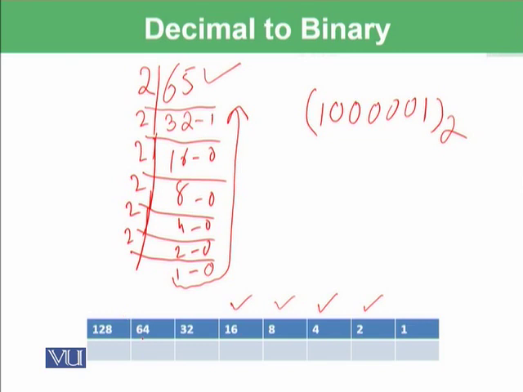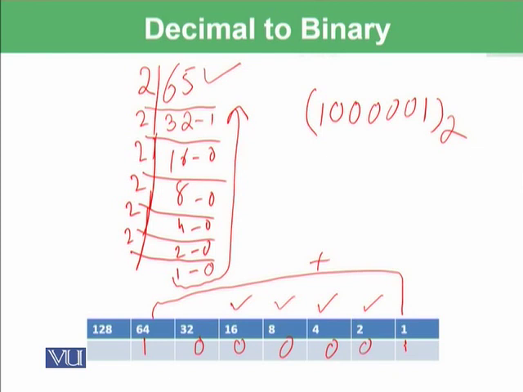So if we turn on this bit and this bit, 64 plus 1 will become 65, and the others would remain 0. This one should be 1. We turned on the bits which were representing 65.